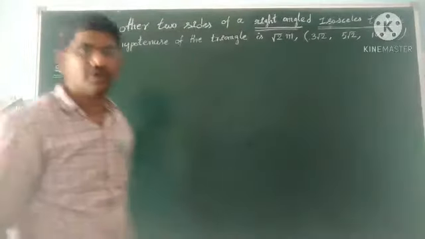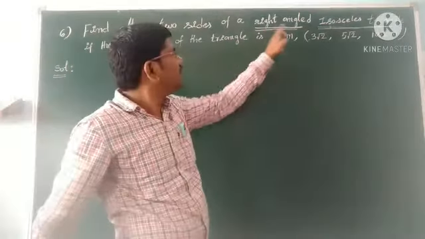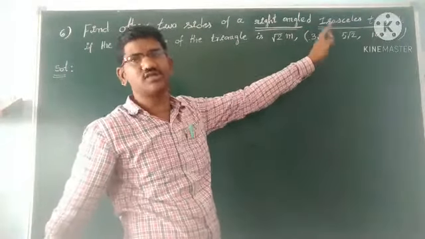Okay students, now see, find the other two sides of a right angled isosceles triangle.